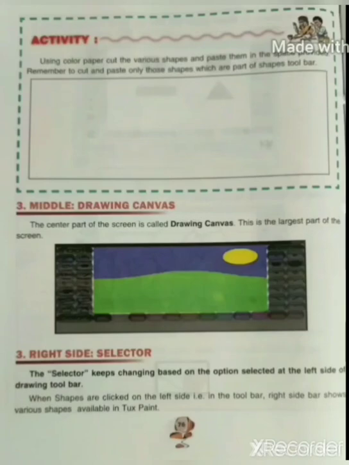When shapes are clicked on the left hand side, that is in the toolbar, the right side bar shows various shapes available in TuxPaint. As I have told you, when you select any tool from the left hand side, its available options will come on the right hand side, that is the selector.